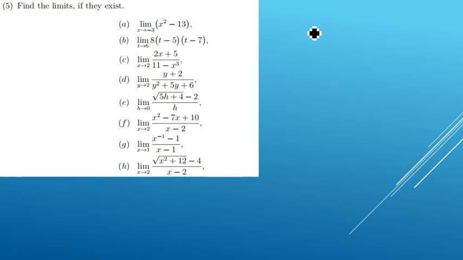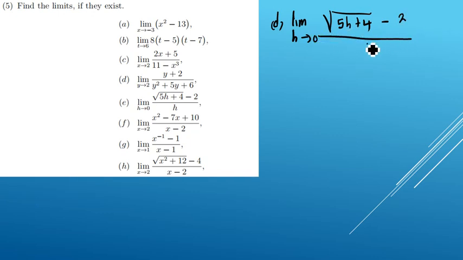For this one, we find the limit as h approaches 0 of the root of (5h plus 4) minus 2, over h.